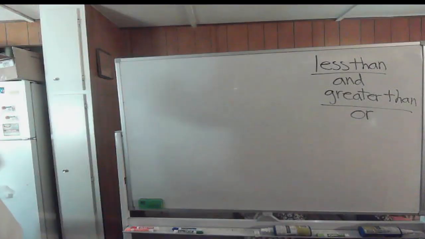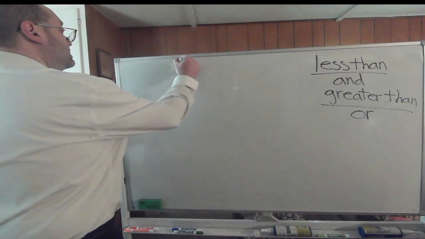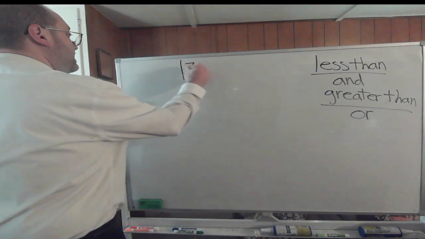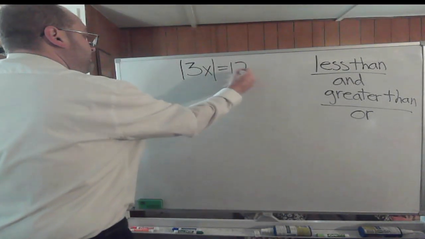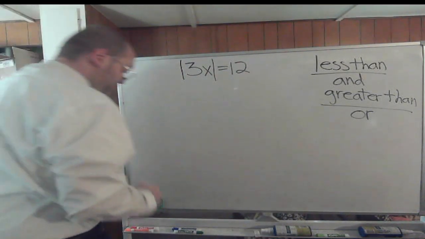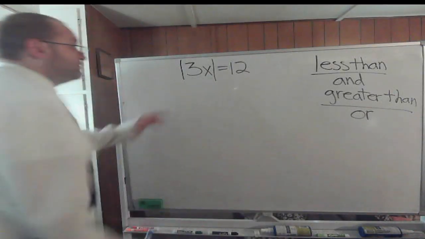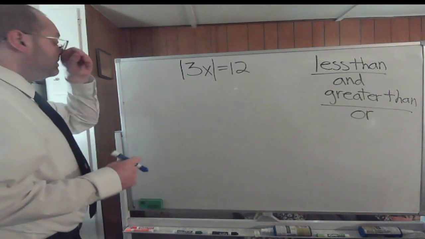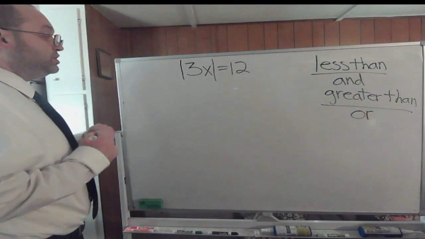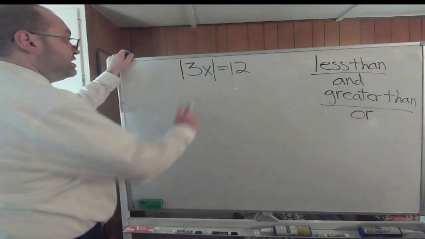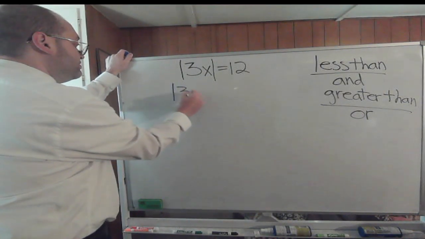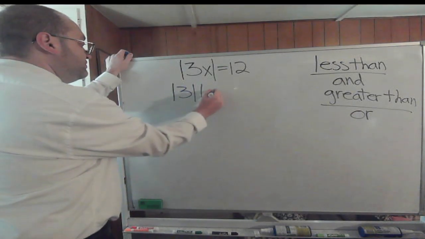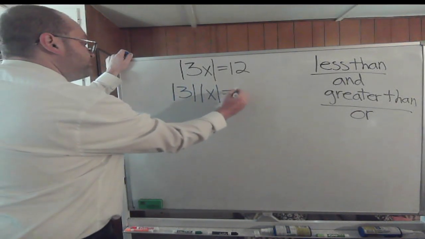So let's say now you have the absolute value of something like 3x is equal to 12. Good news is, whenever you have a product inside an absolute value, it is identical to the product of the two absolute values separately.